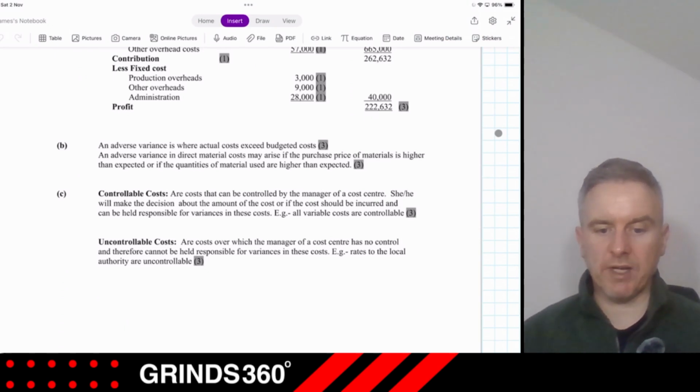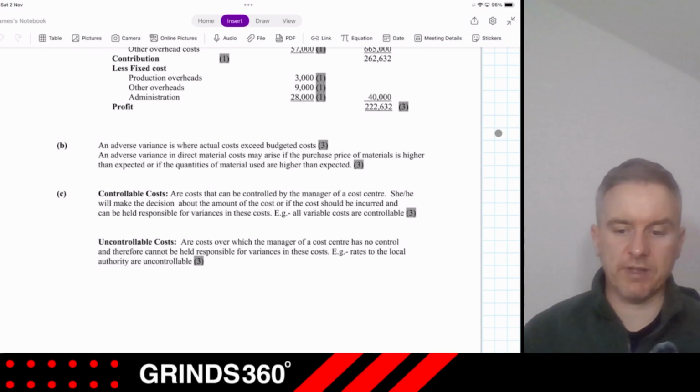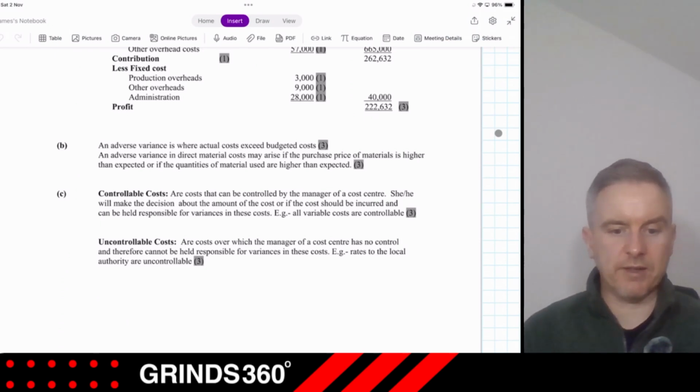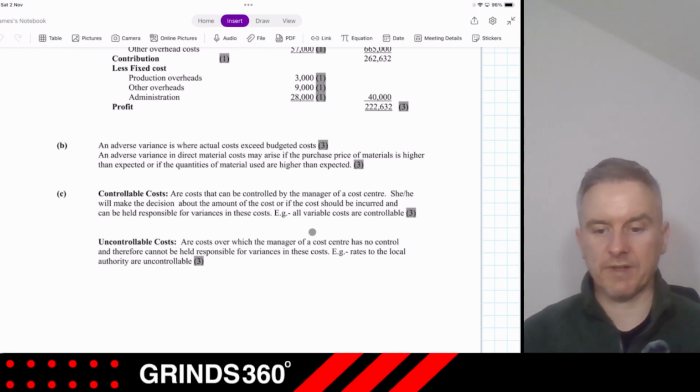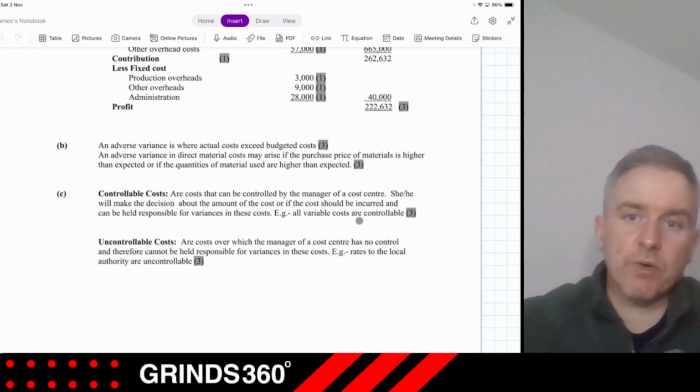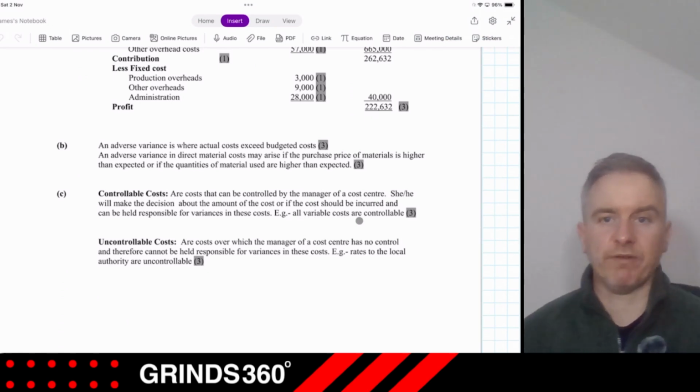So your controllable costs then are costs that can be controlled by the manager of a cost center. So that's the first part. You need to define what it is. And then she or he will make the decision about the amount of the cost, or if the cost should be incurred, and can be held responsible for variances in these costs. But the key thing then, for example, all variable costs are controllable. And I would go as far as putting in an example of a variable cost there.